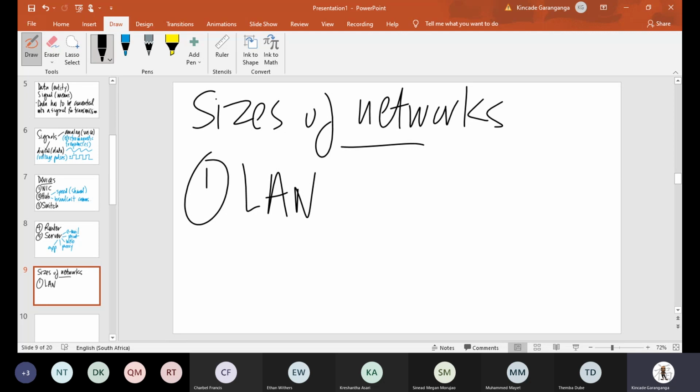But the moment that you go beyond those confines, then you now create a wide area network. If you find, for instance, two campuses connecting across two cities, or across two municipalities, if you want to look at it from a different point of view, then that becomes a wide area network because you're now going beyond the confines of a defined geographic space.